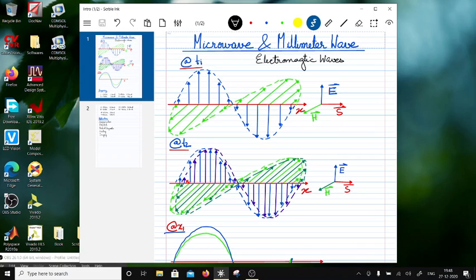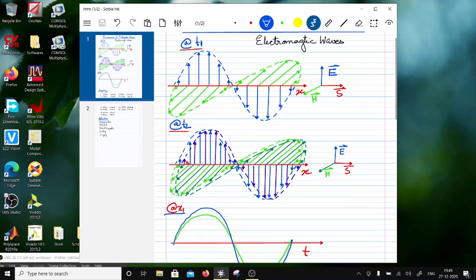When you freeze it in time at time t1, what do I see? I see that various points in space are frozen in time, but they have different amplitudes. So you can see at different steps along the x-axis the E magnitude, and the E magnitude forms a sine wave. Similarly, the H magnitude also forms a sine wave.